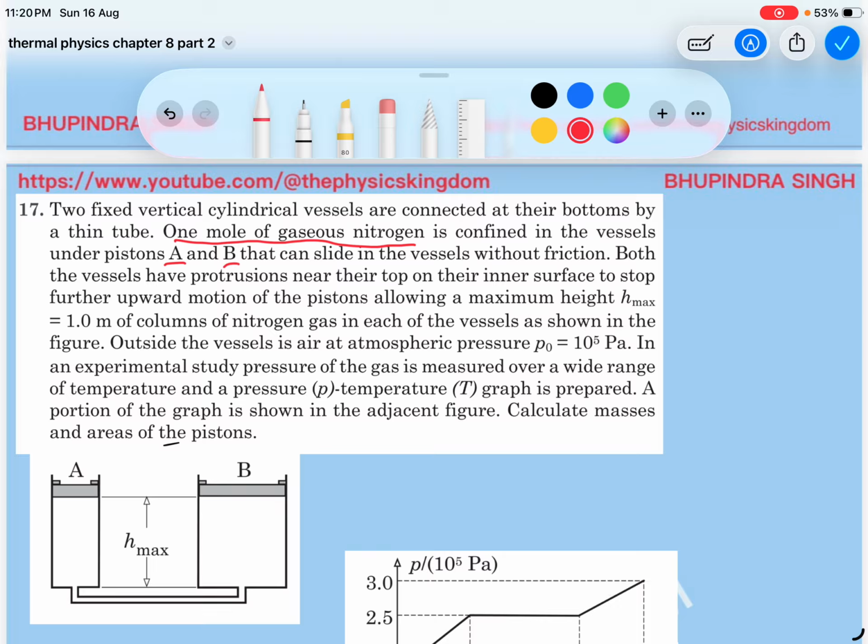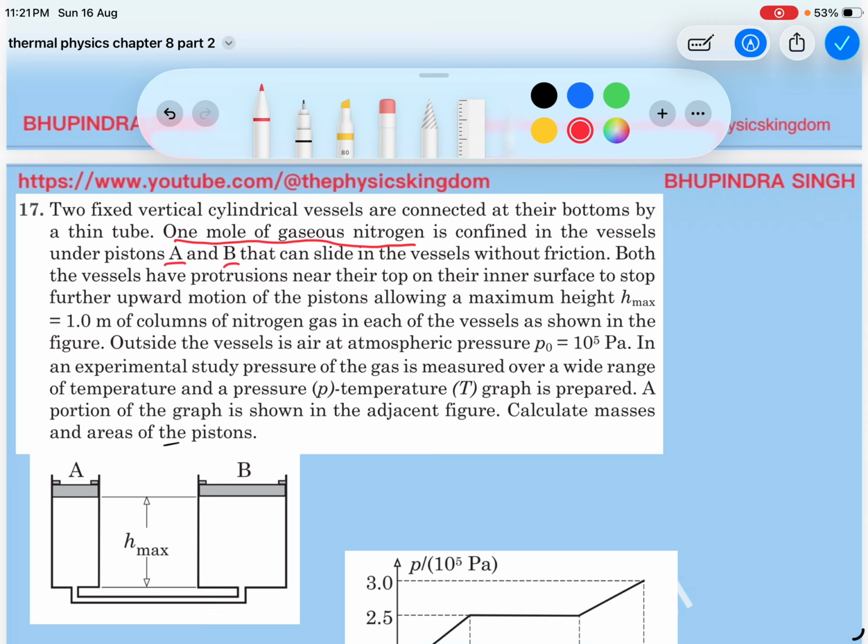That they are not giving. They are giving one diagram when the two pistons are at a particular level, but they are not saying anywhere where the pistons are. So on the basis of the graph, we need to form an idea of where exactly the pistons are initially and finally, right?